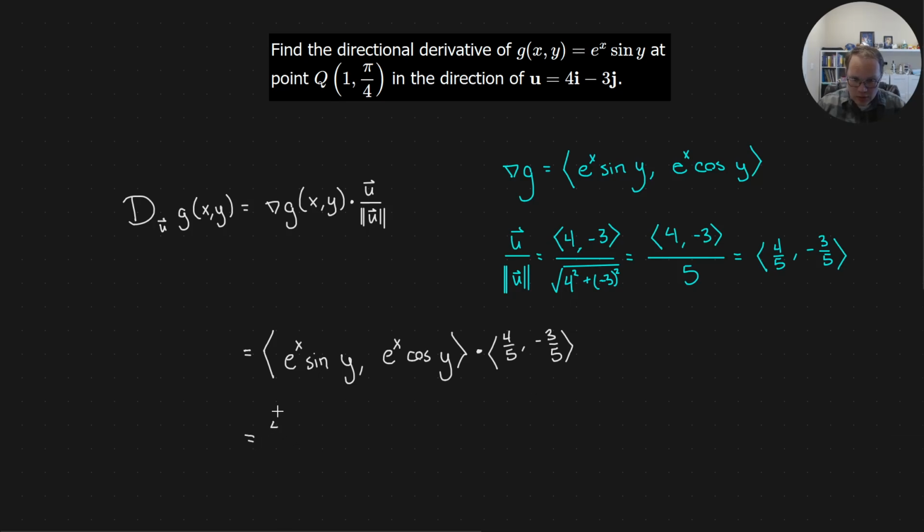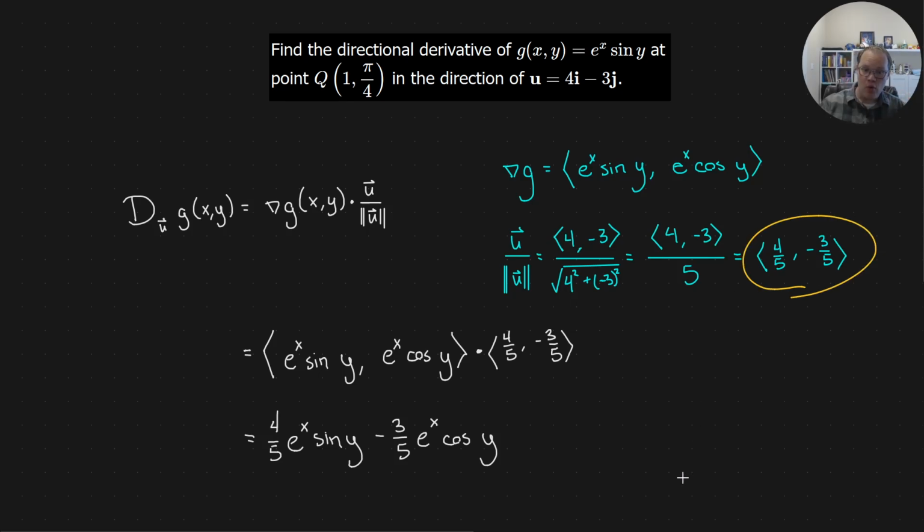And so I get, just multiplying corresponding components, 4/5 e to the x sine y minus 3/5 e to the x cosine y, just taking that dot product. Okay? So that is the general form for a directional derivative in the direction of this particular vector. Now I can plug in any x, y point I want, and it will tell me the rate of change of function g at that point in the direction of vector u.